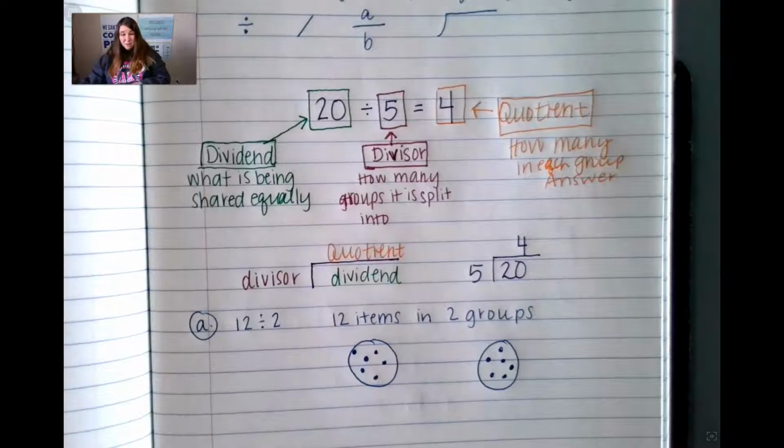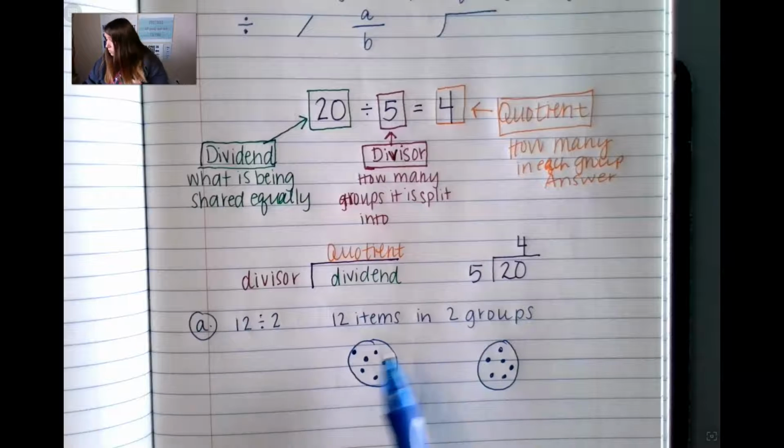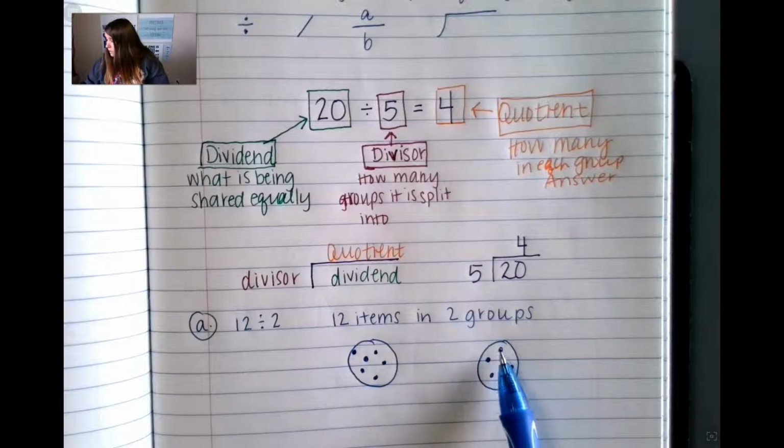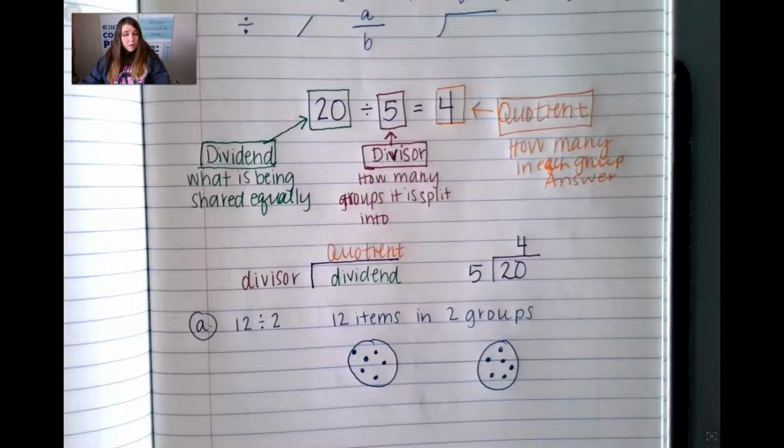So I've gotten rid of 12 things, and now let's check and see how much is in each group. 1, 2, 3, 4, 5, 6. 1, 2, 3, 4, 5, 6. So my quotient is 6.